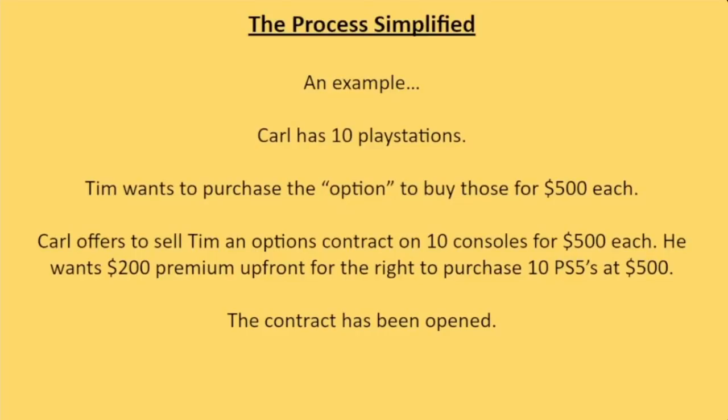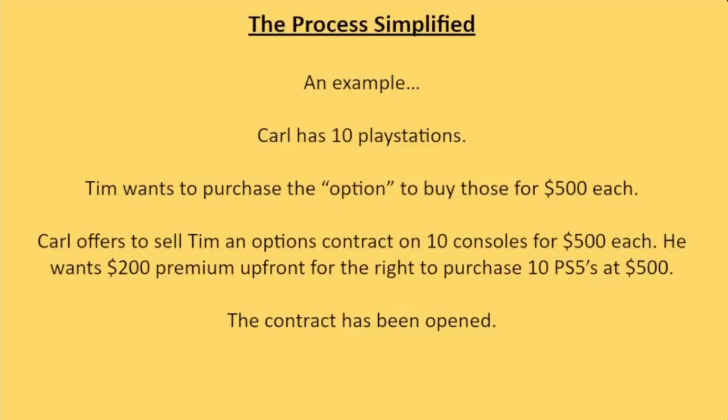This is just a scenario, guys, so I know it's a little weird, but the contract has been opened for that $200. Tim isn't getting that money back from Carl. The $200 is the premium to open that contract. But now Tim will have to come up with $500 times 10 to exercise the contract if he's going to.